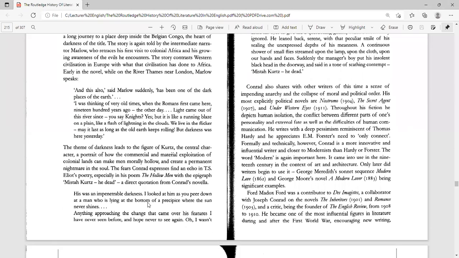I was thinking of very old times when the Romans first came here, 1900 years ago. The other day, light came out of this river since, you say, knights. Yes, but it is like a running blaze on a plain, like a flash of lightning in the clouds.